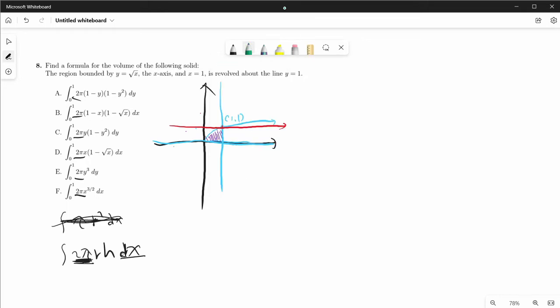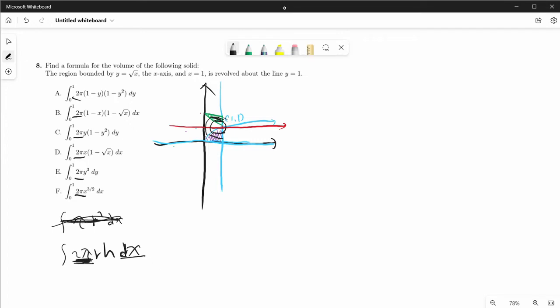Let's use green. Once it's revolved around, it will look something like this. Where the cylindrical shells come in is like so. If I have this thing, that would be a cylinder, and then a bigger one.